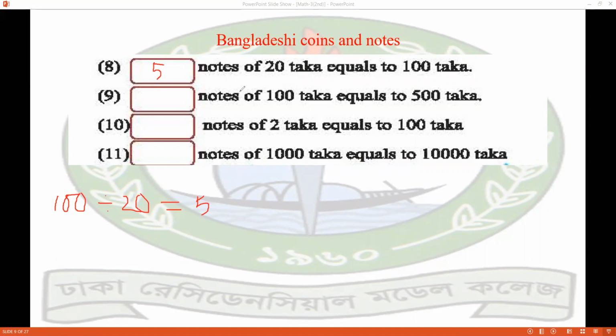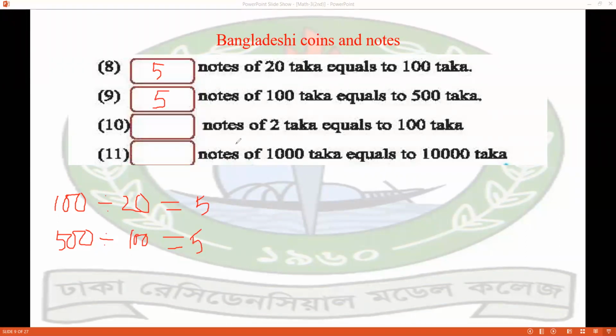Number 9, how many notes of 100 taka is equal to 500 taka? So you have to find out 500 division 100 is equal to 5. So we write here 5 notes of 100 taka is equal to 500 taka.